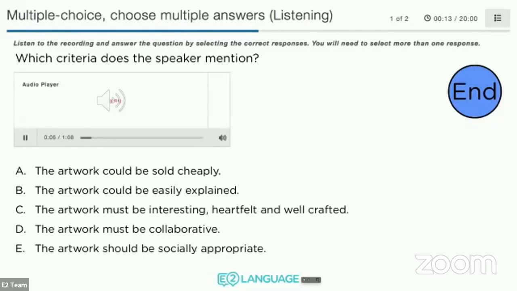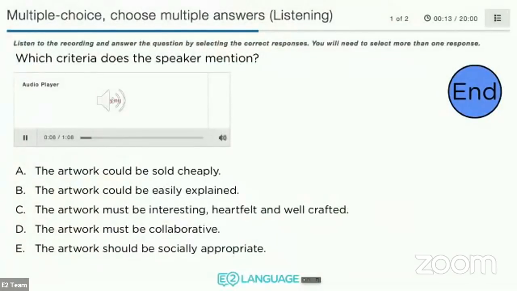Okay. How did you go? Is that enough time? I'm not quite sure whether that was enough time. Okay. All right. Hopefully that was enough time.